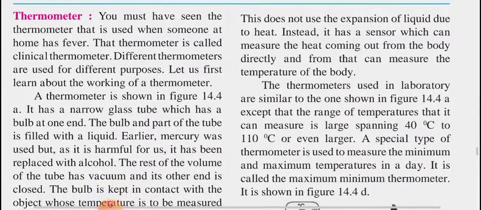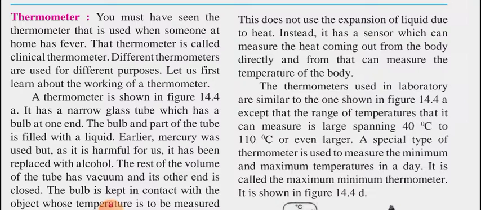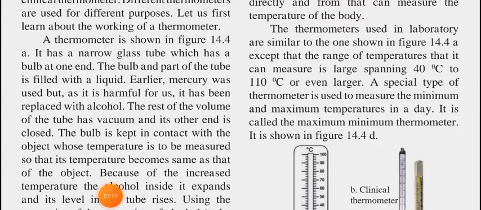So what is the use of a thermometer? To measure the temperature. Why are we using it? We need to measure. If you want to measure the temperature, you have to go ahead with the thermometer. In other words, there are two ways to use a thermometer.